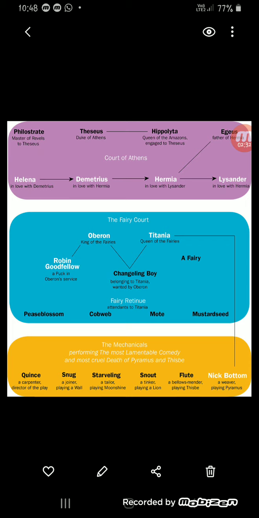Now there is the second pair, Hermia and Lysander. Now pay attention to this. From these characters, all the problem starts. Hermia is the daughter of Aegeus. Her father Aegeus is actually a courtier in the court of Athens, so he is a prominent person in Athens.